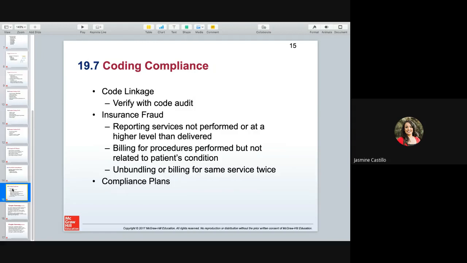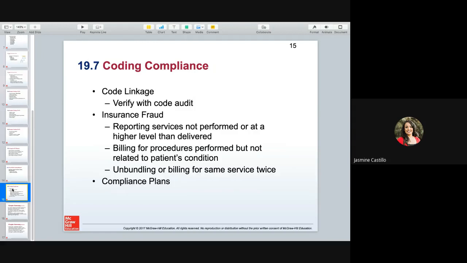So that's why it's important to make sure that the office you work for has compliance plans in place to avoid the risk of fraud, and to avoid being audited by Medicare or the other insurance companies, just to make sure that you are following the correct submission for insurance claims. You want to make sure that you're preventing any illegal medical office practice wrongdoings, such as submitting for down coding, up coding, or unbundling.